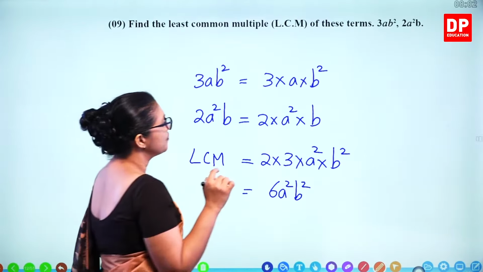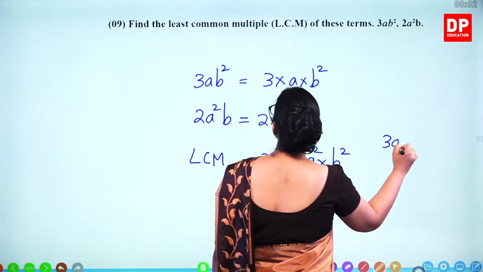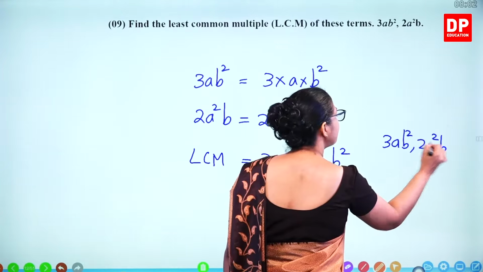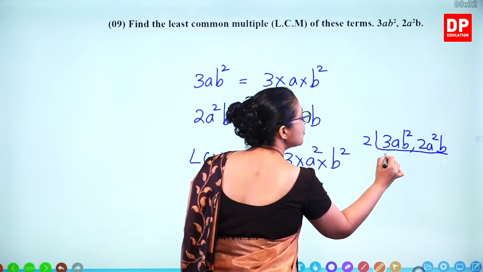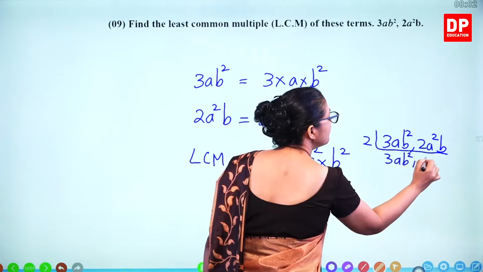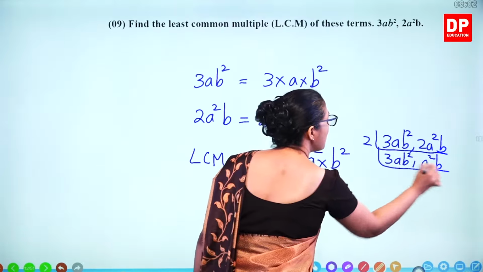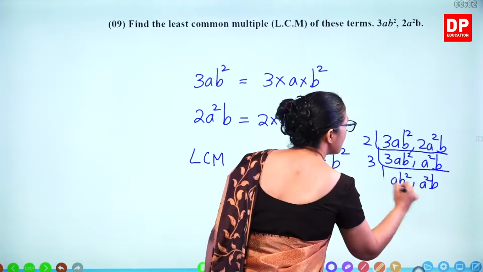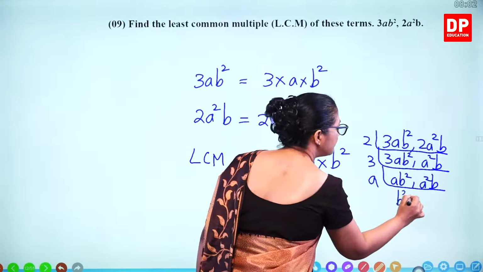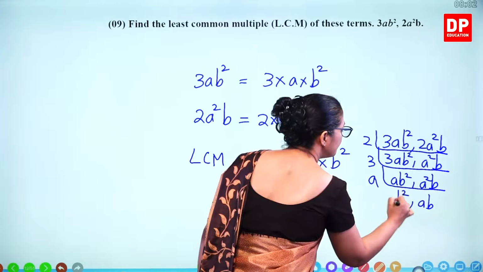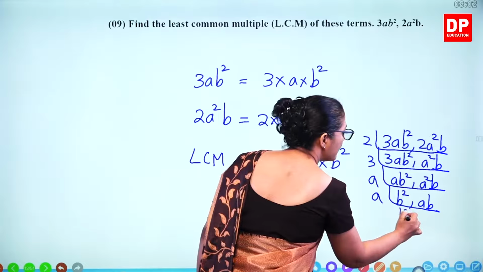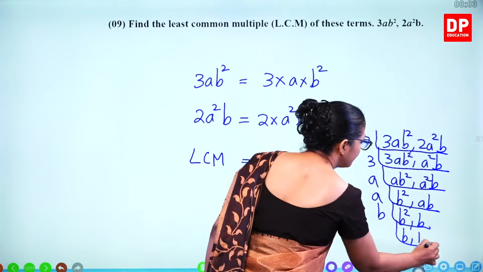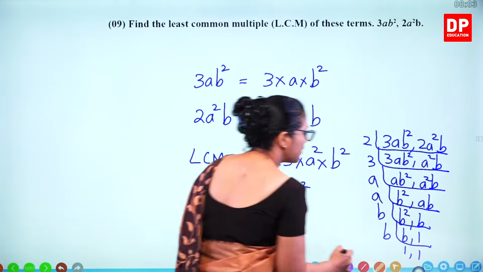What's the other way? You can take these two terms at once and find the factors as well. You can divide by 2, divide by 3, divide by a, divide by a again, divide by b, and divide by b again.